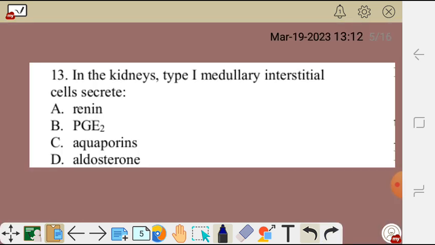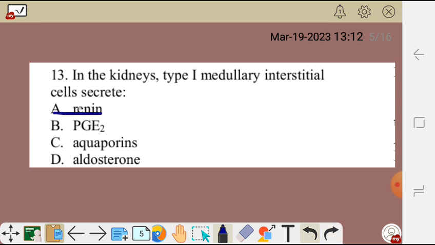Question 13. In the kidneys, type 1 medullary interstitial cells secrete A, renin, B, prostaglandin 2, C, aquaporin, D, aldosterone. So which one among these is secreted by type 1 medullary interstitial cells?